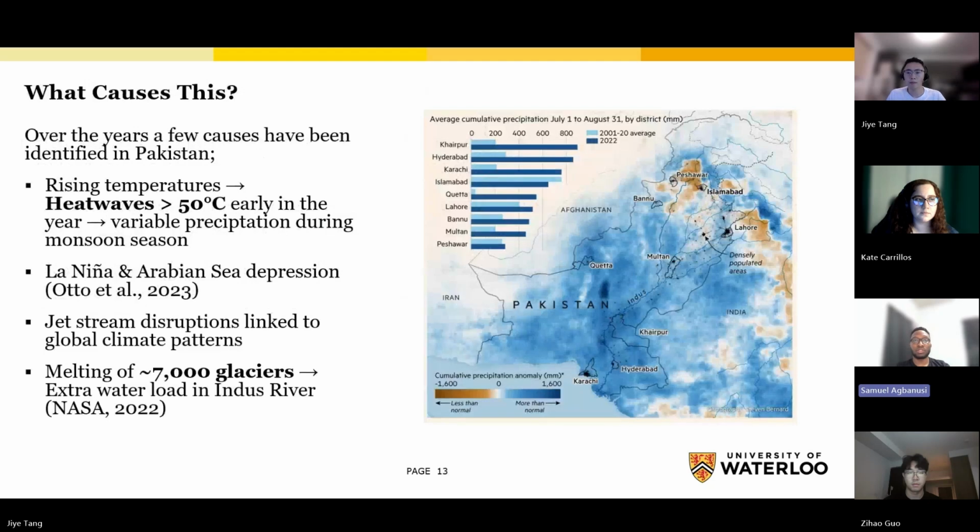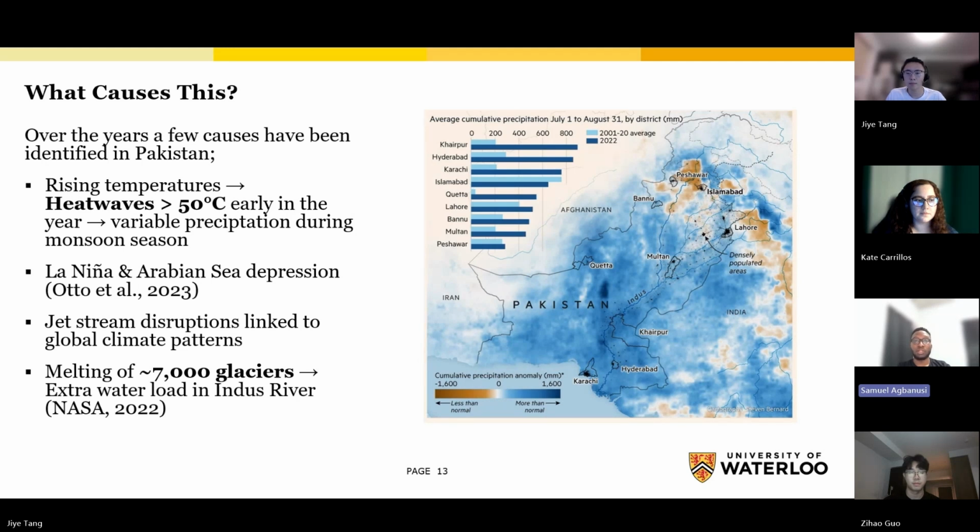So, what's causing this? During our research of recent flood events, it was noticed that irregular heat waves caused by climate change, with temperatures greater than 50 degrees early in the calendar year, cause variable precipitation during the monsoon season. This is a period between July and September when there is typically plenty of rainfall, and these irregularities only make it worse.